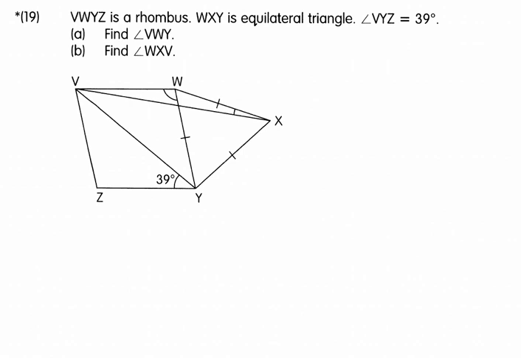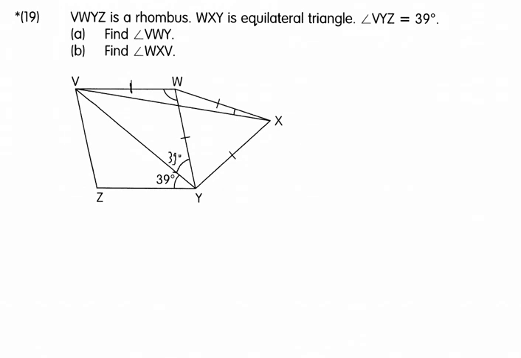Okay, isosceles triangle, and I'll get two isosceles triangles, right? Correct? So isosceles triangle number 1 is here. Isosceles triangle number 2 is here. So let me mark out the isosceles triangle. This length and this length must be the same. Okay, very good. So I know that this must also be 39 degrees, right?